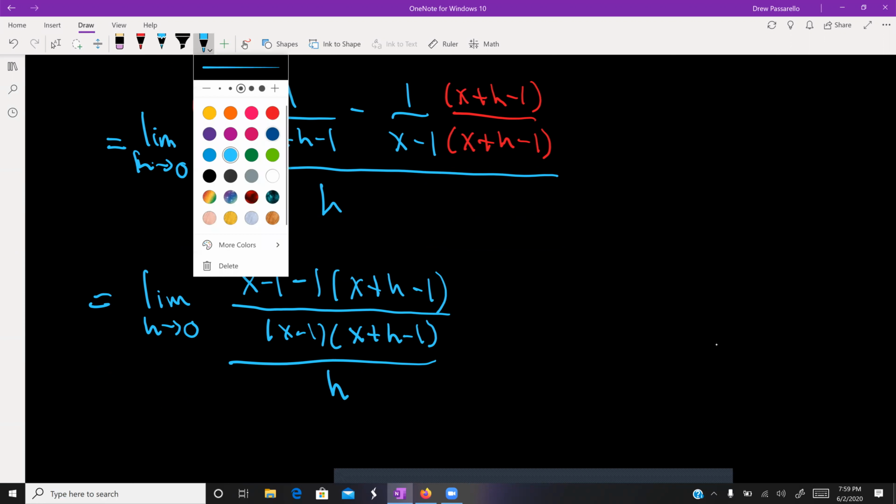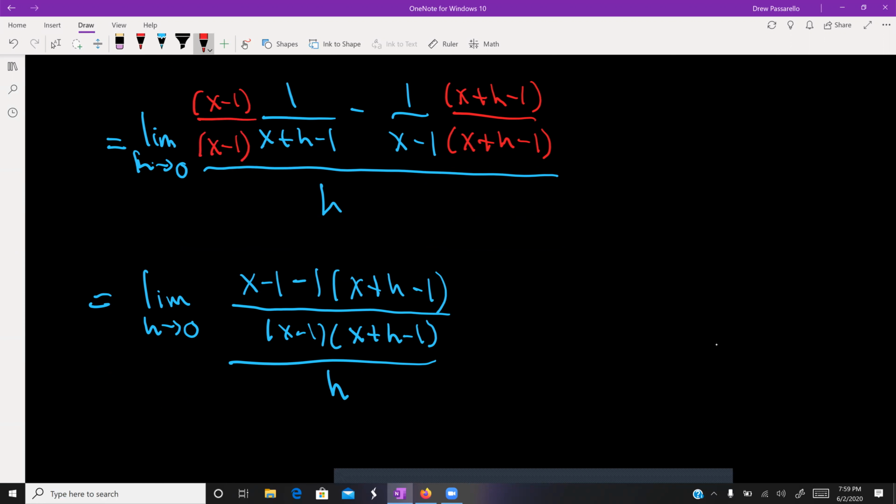So what I'll do next is distribute the minus 1. I'm just trying to simplify the top part. So I have minus 1 times x, which makes minus x. But I have x over here, so I can cancel out x with the minus x. And then I'll have minus h, and a minus 1 times a minus 1 is positive 1.